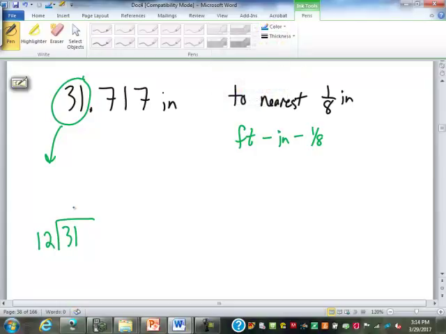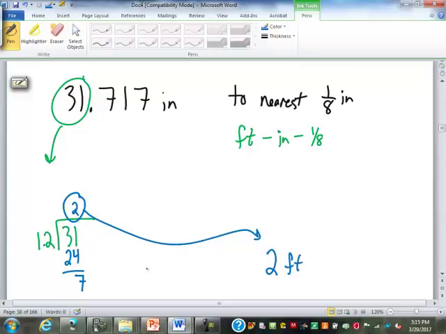So that 12 is going to go into the 31 twice. 2 times 12 is 24. How much is going to be left over? 7, right? 31 minus 24 is 7. So that's saying I have 2 feet, 7 inches, but I still have to come up with my fraction of inches as well.